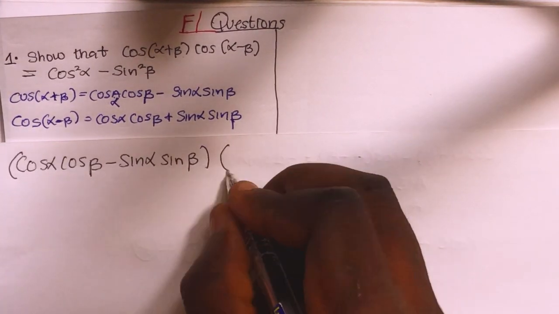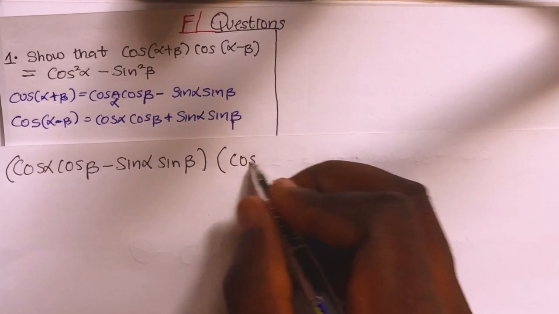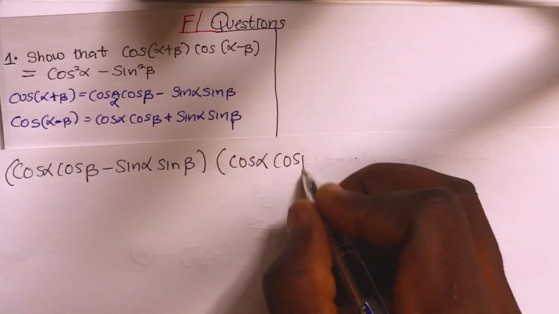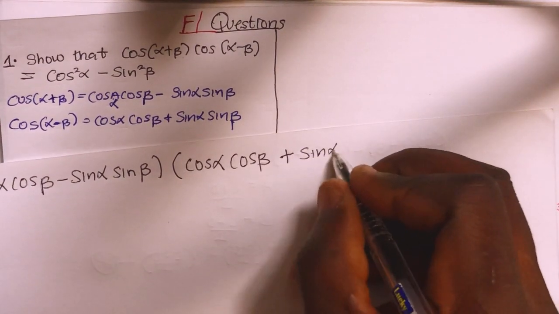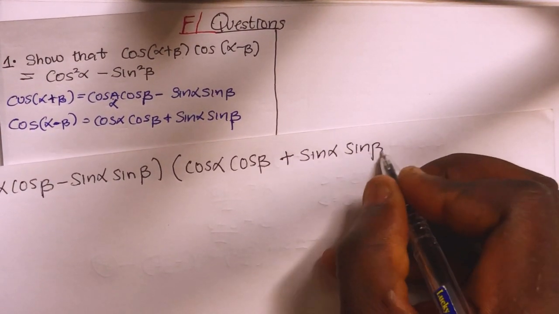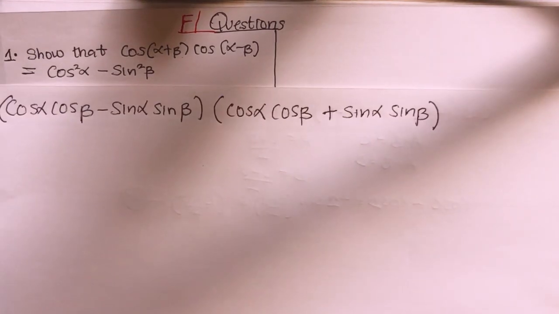Then I open another bracket for this one: cos alpha cos beta plus sine alpha sine beta. Hope you see this.